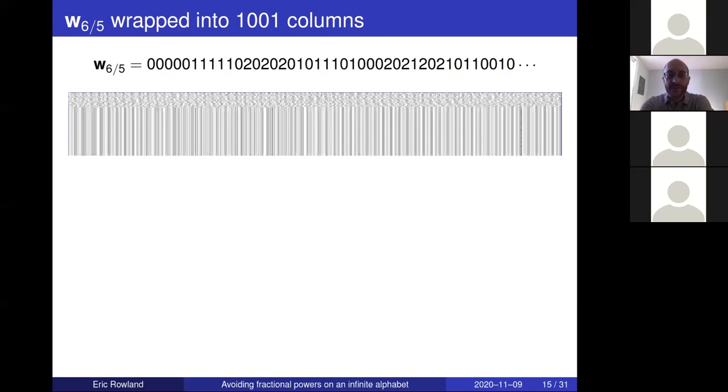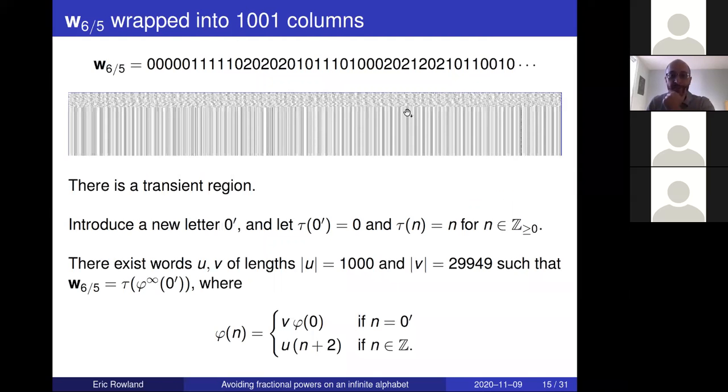This one is a little bit more interesting because there's this messy transient region at the top of the picture. So the columns take quite a while to settle down into their eventual state. Right here, I think this is the non-periodic column towards the right end of this picture. This is 1001 columns. So there's a transient region here.